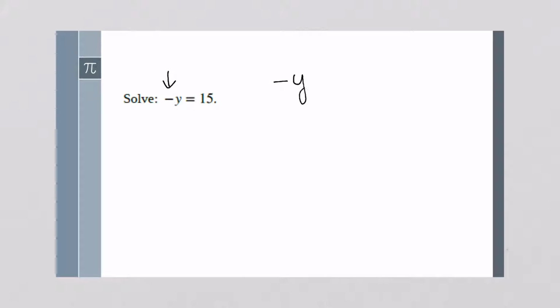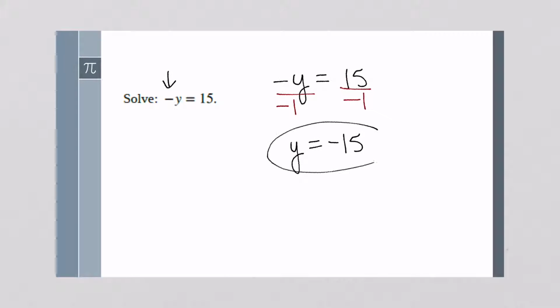So if you consider that to be a negative 1y, I typically will do this, divide by negative 1. And what that does on the left side, all it does is change that negative y into a positive y. And on the right side, it changes the sign of that number as well. 15 divided by negative 1 is negative 15. You could have multiplied by negative 1 on both sides. You would still get the same result.